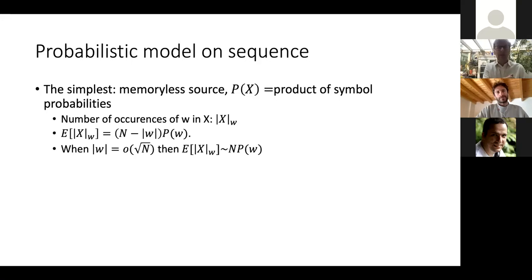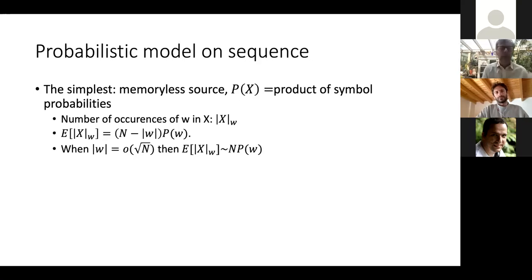and the probability that one position starts the factor W is P(W). Since you have n minus the length of W positions, because you cannot go up to the end, you have to stop short of the end.